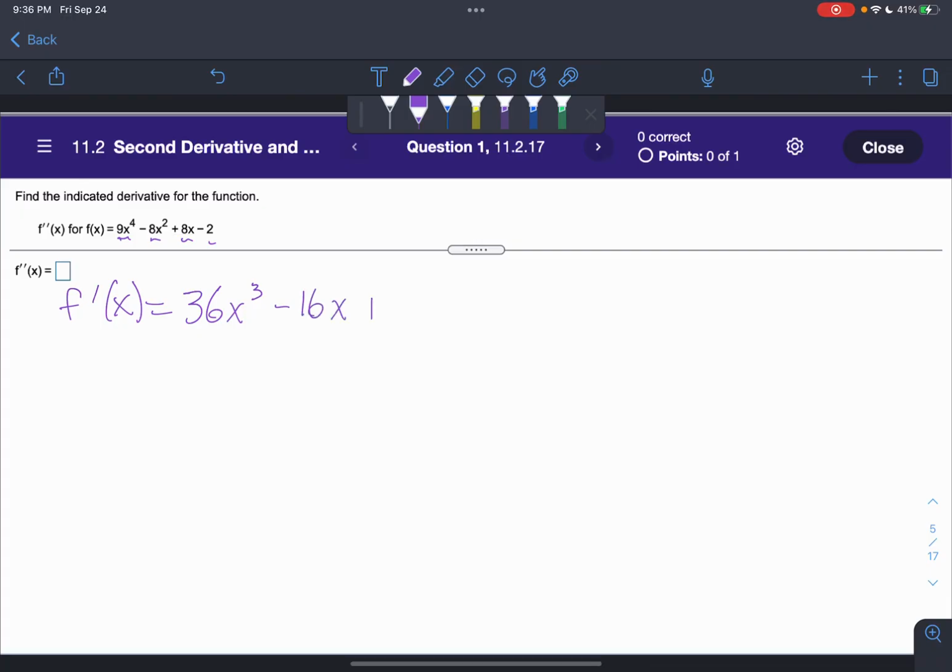Decrease the power, plus 8. And then the next one is f double prime. So I want 36 times 3 for the power rule, x squared now, minus 16. So this is 108x squared minus 16. And that's our second derivative.